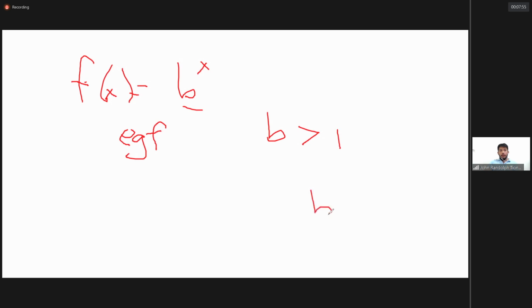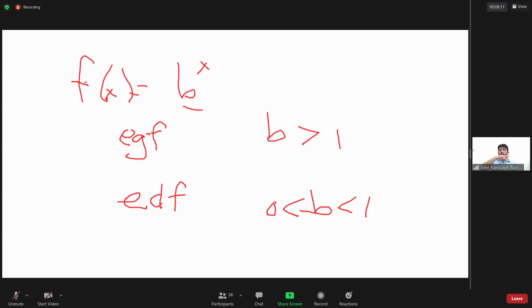And if your b is greater than 0 but less than 1, this is an exponential decay function. Your exponential growth function is an increasing function, and your exponential decay function is a decreasing function. But all of these are considered exponential functions.